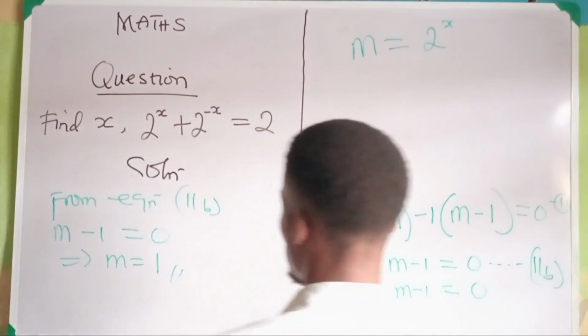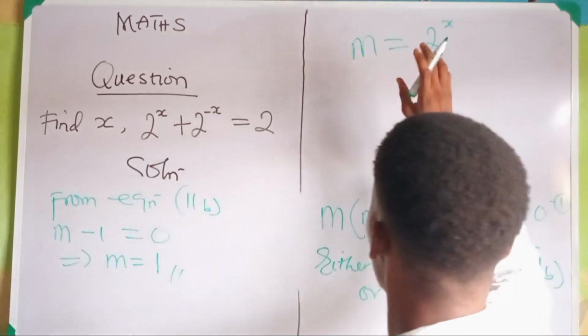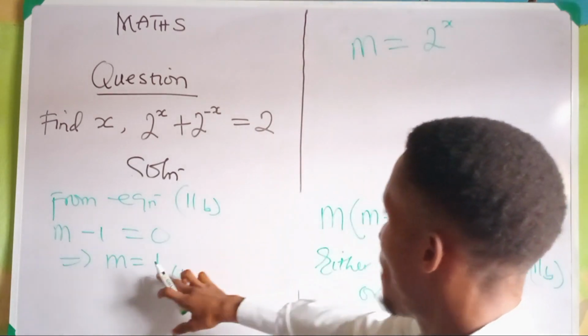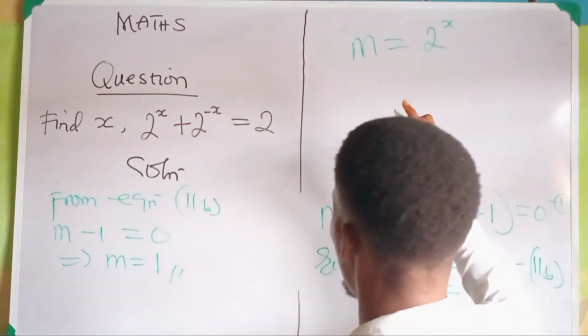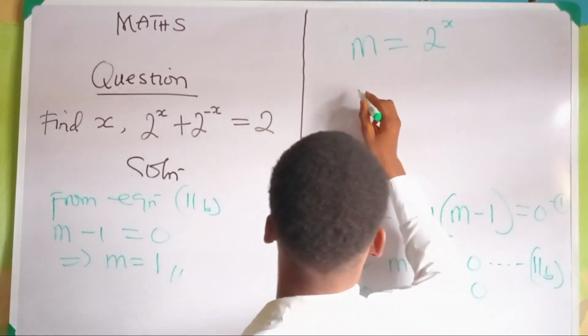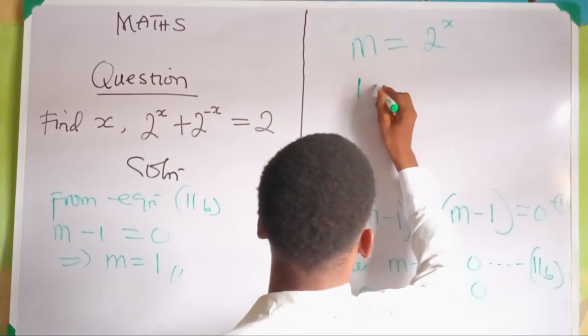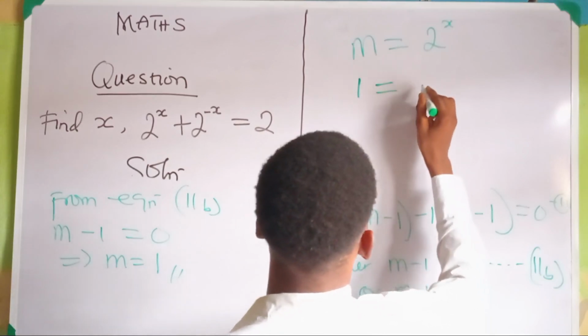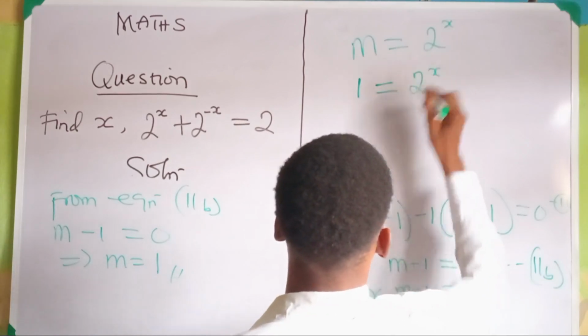So in this case now, m here is giving us 1. So it now implies that we're having 1 equals what? 2 raised to the power what? s.